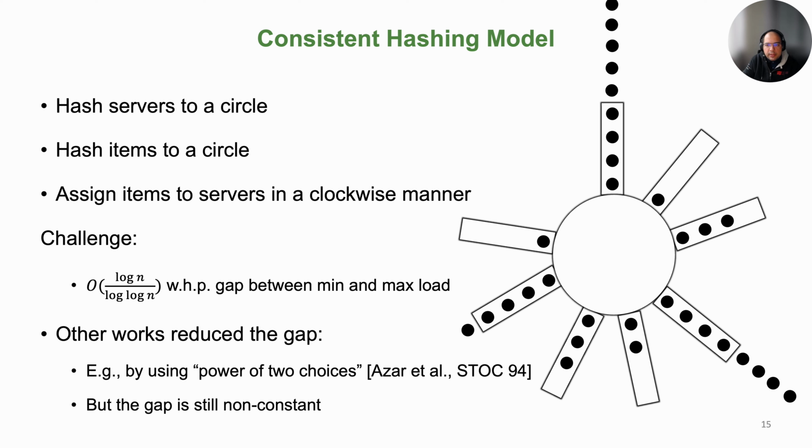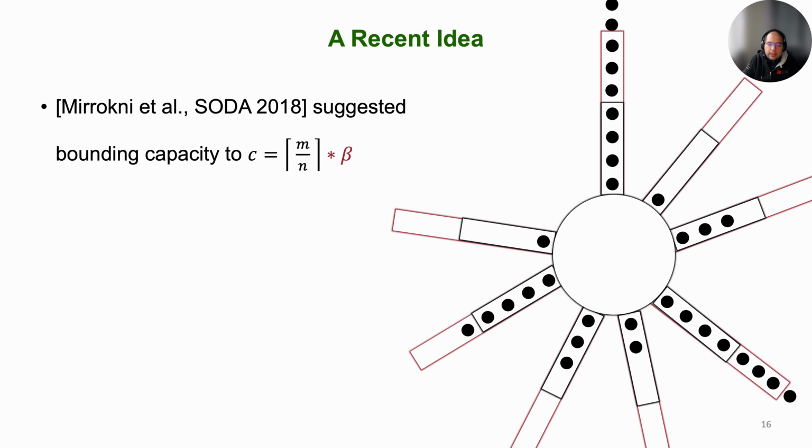To go towards a constant gap between maximum and minimum, a team at Google recently proposed an idea to bound the capacity of each server. If we want to have the same capacity on all servers, the minimum capacity needed is m divided by n, the number of items divided by the number of servers. They said, okay, let us augment this amount and set the capacity to beta times this minimum amount.